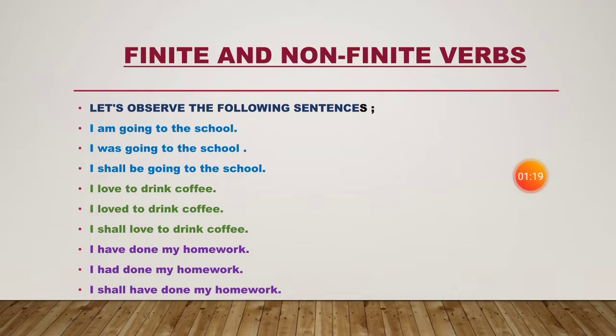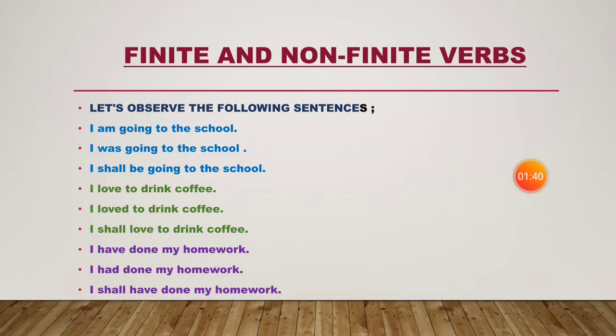Here the helping verb am is indicating an action that has happened or is happening in the present, right? In the second sentence, I was going to the school, the verb was is indicating an action that was happening sometime in the past.